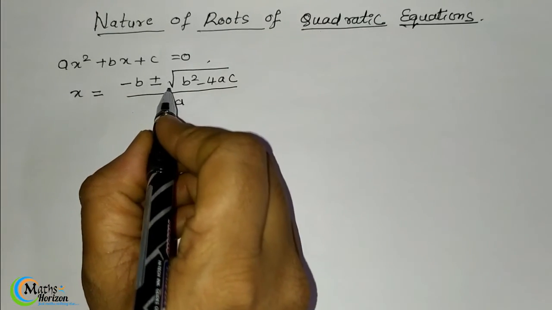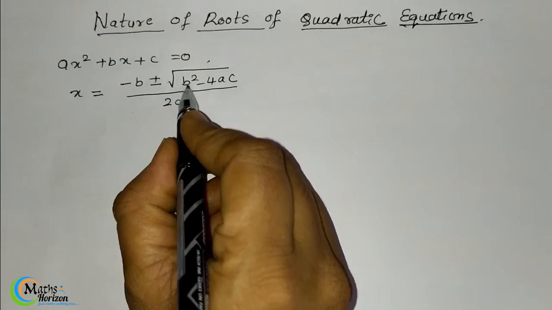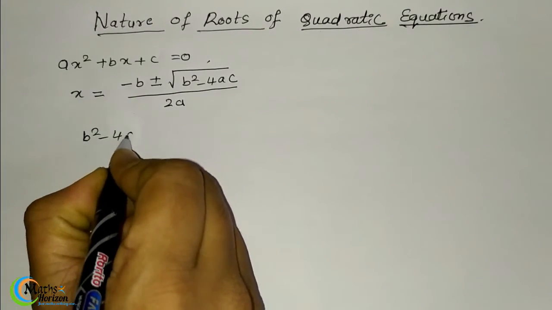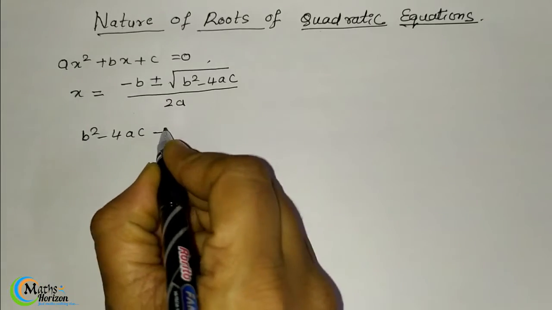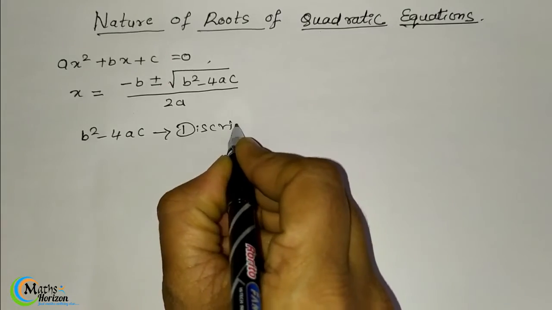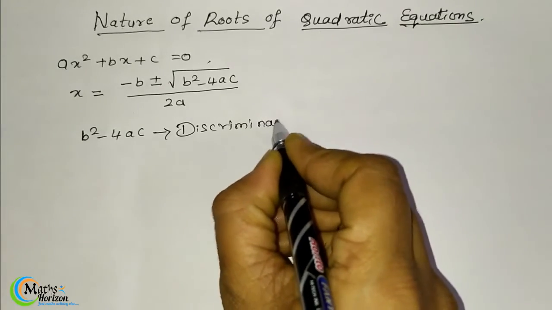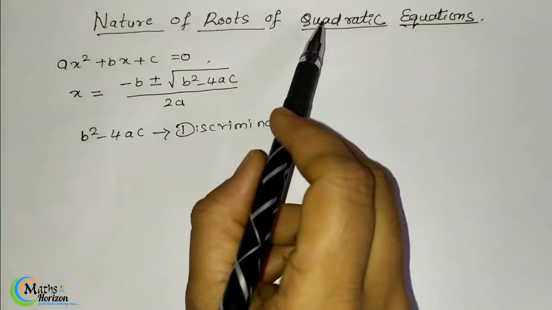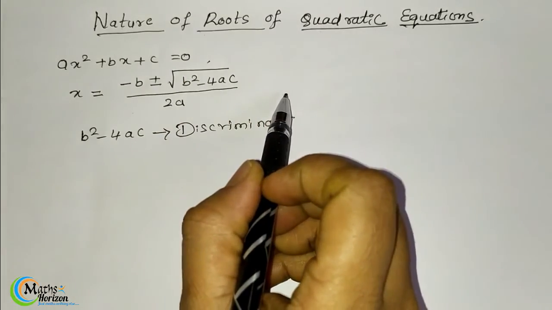In this formula, the part b square minus 4ac is called the discriminant of the quadratic equation. This discriminant will decide the nature of roots of the quadratic equation.